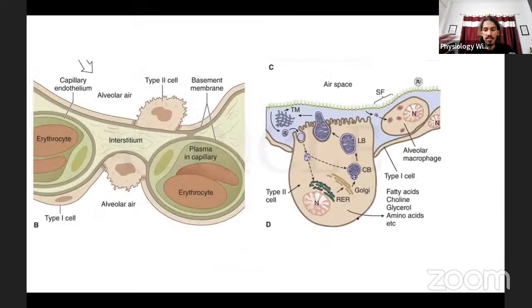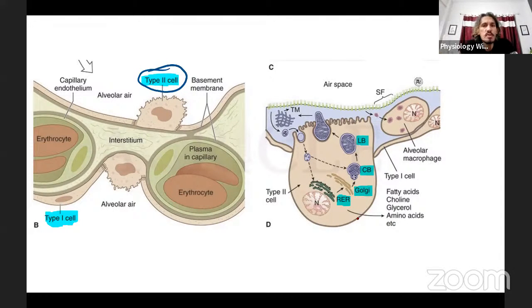Now, to combat surface tension and to increase your compliance a little better, we have something called surfactant, which is being produced. We have type 1 cells and type 2 cells at the level of your alveolus. In type 2 cells, from the rough endoplasmic reticulum they produce protein, to Golgi, it will go into something called composite body, then it goes to lamellar body.